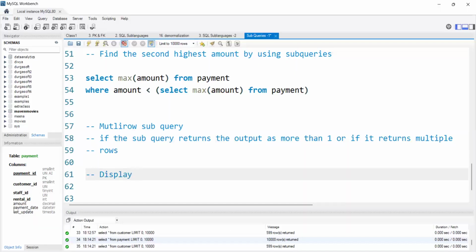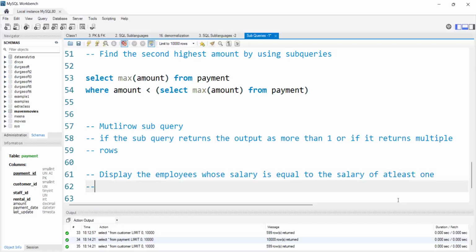Display the employees whose salary is equal to the salary of at least one employee in department ID 2.